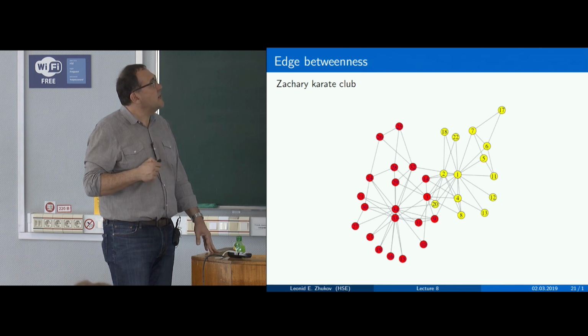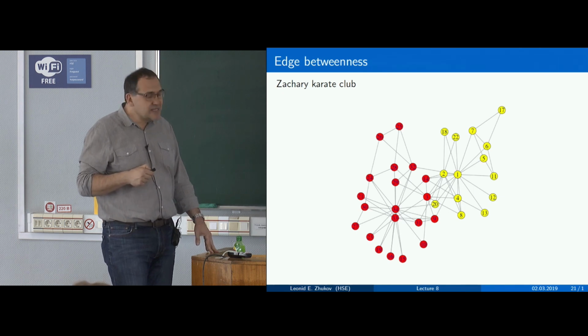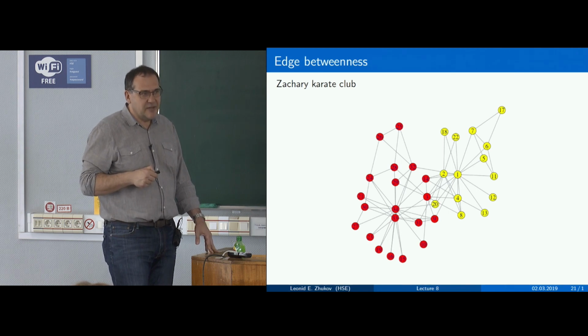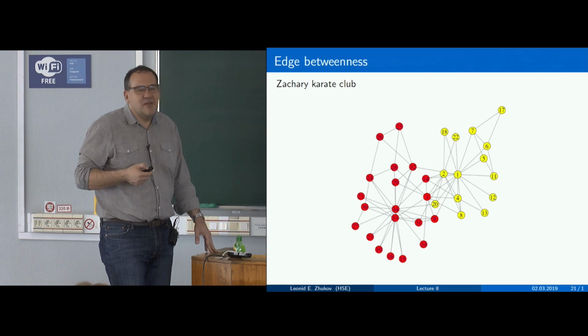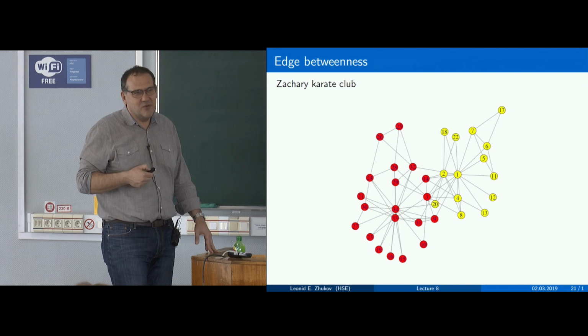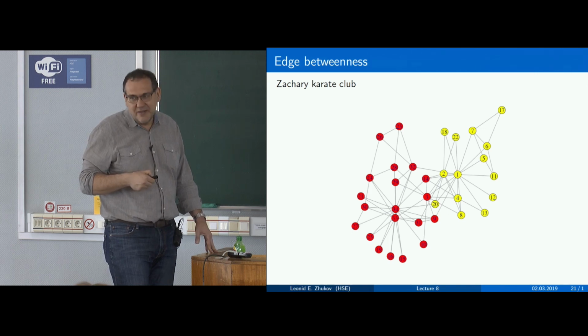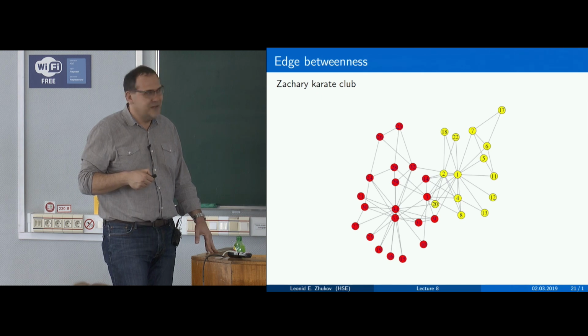If you Google Zachary Karate Club, you will instantly get the original paper. The funny story about this paper is that nobody, maybe some people in sociology, knew it, and it had very few citations. Then one of the computer scientists found this paper with the data, and the citations for the Zachary Karate Club paper skyrocketed, because everybody who did network analysis in computer science started using that paper and that data set as a reference.